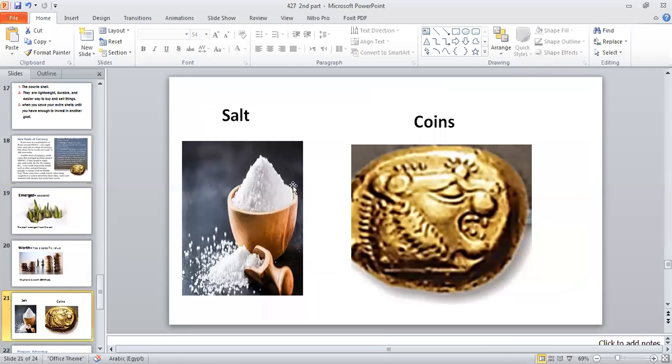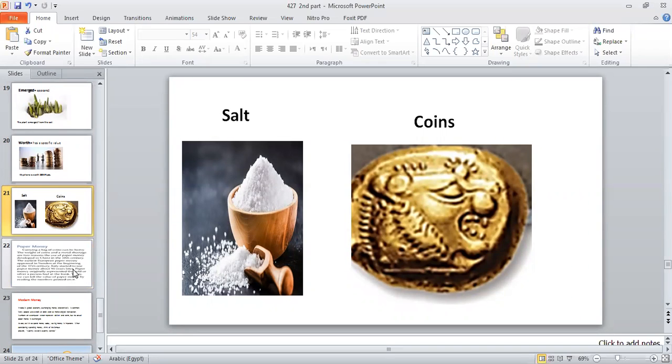This one. They were exchanging some salt instead of buying anything. So for the Chinese, the first kind of currency was bartering with milk. But in Rome, in Spain, it was bartering with salt. Till China invented the new kind of currency, which was the coins.